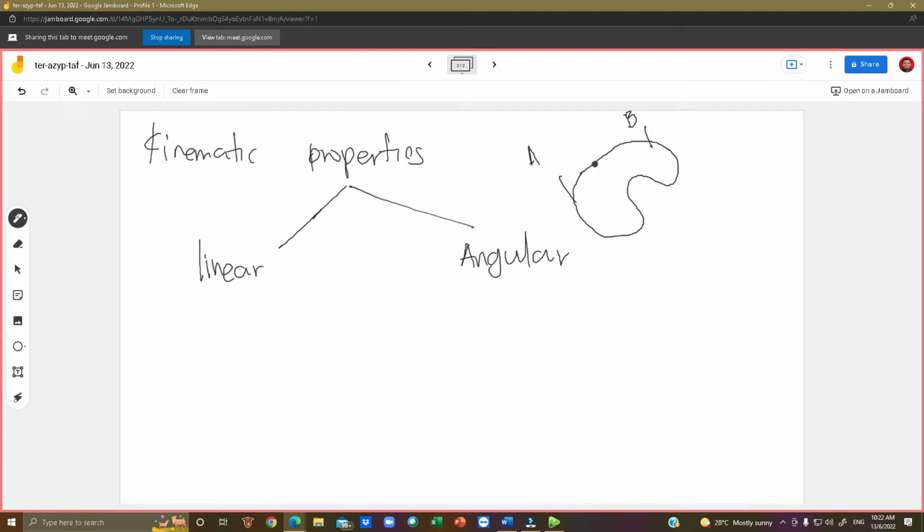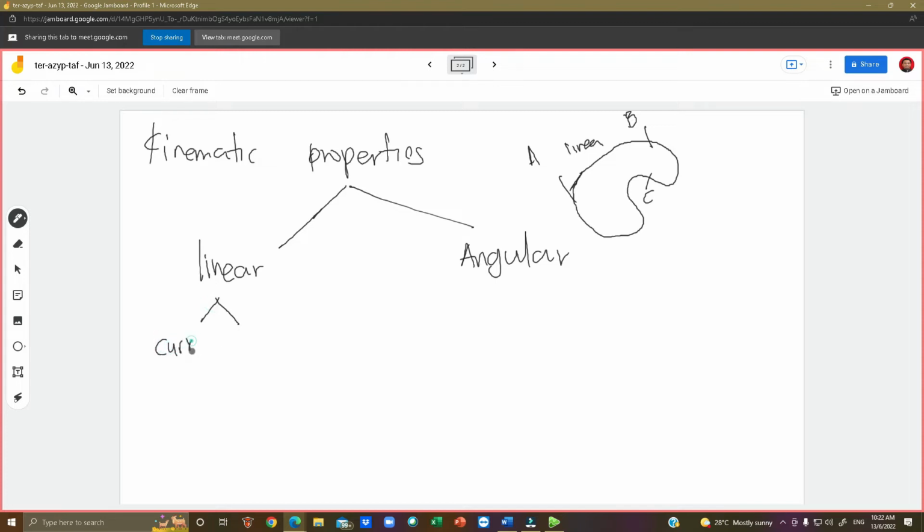Linear. Kalau kita ambil B ke C, ni. Angular. Yeah, salah. Still remember this one. Ini benda yang kamu buat quiz malam ni.